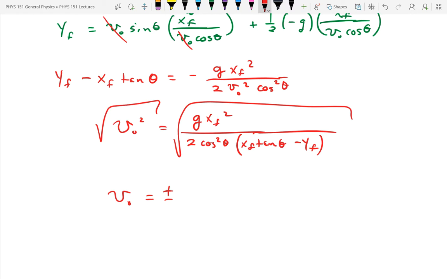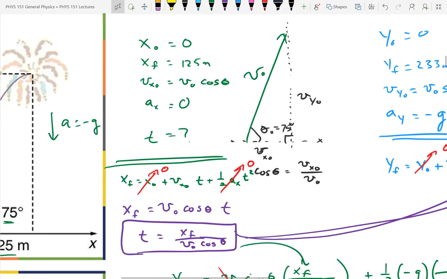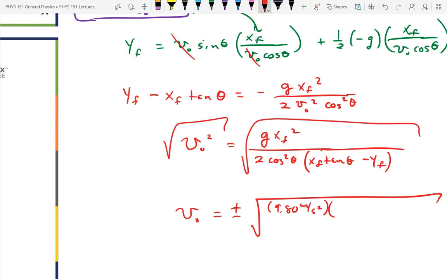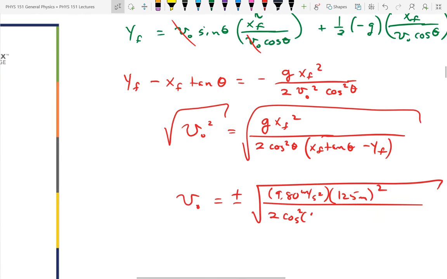I'm only going to take the plus answer. Square root of, my X final was 125, and the angle is 75.